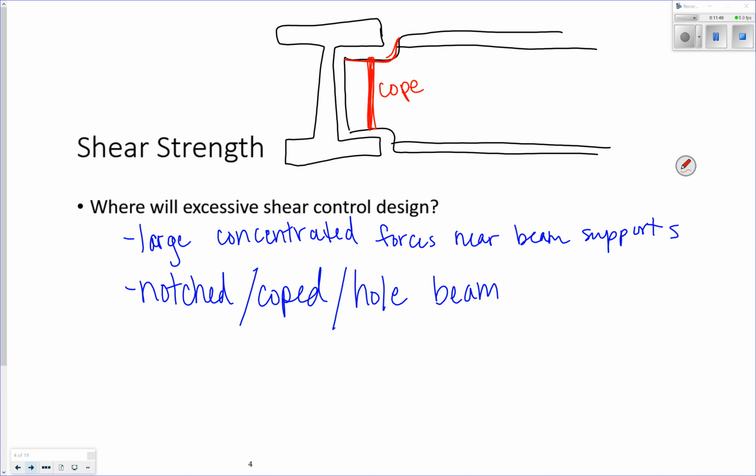So now not only am I likely having a higher force because I'm coming into a support, a higher shear force, but I've reduced my area. Same thing if there's a hole in the beam or if you take a notch out of it somewhere. You're reducing the area that resists the shear force, so you have to take that into account.